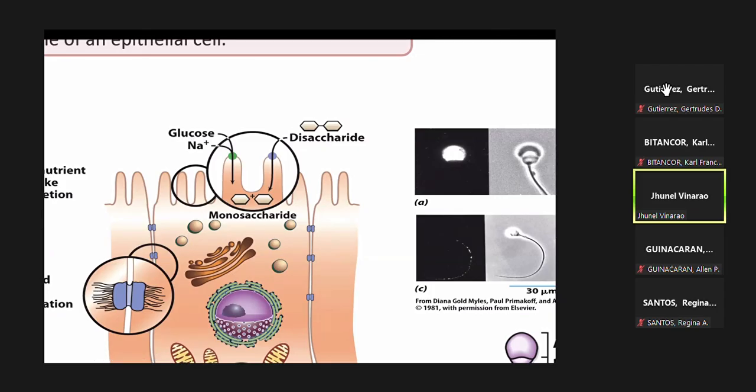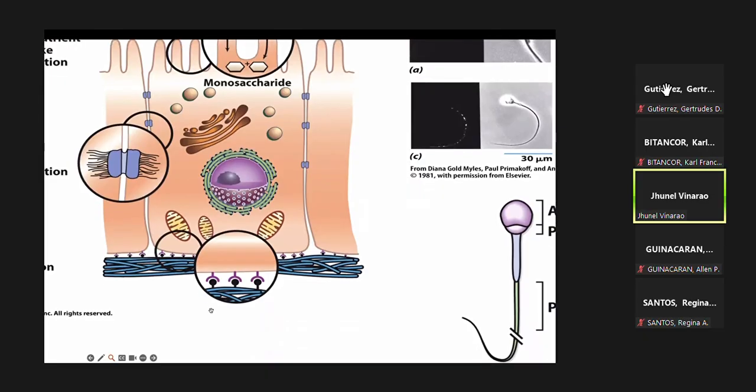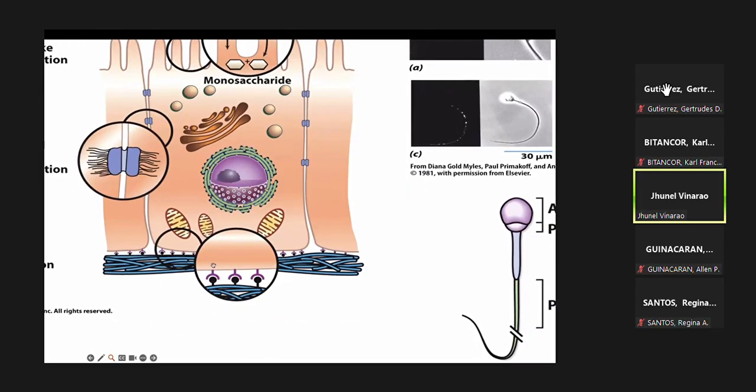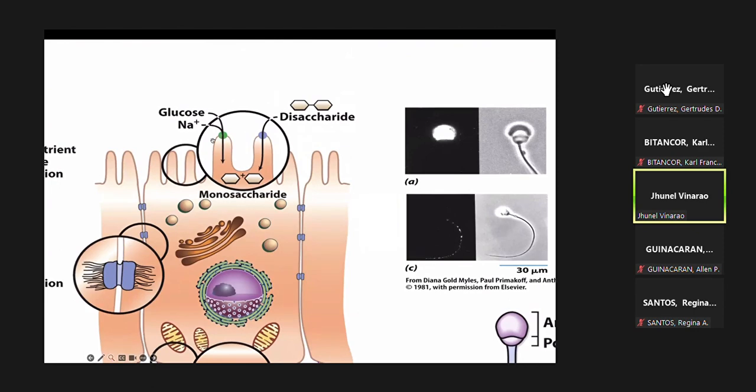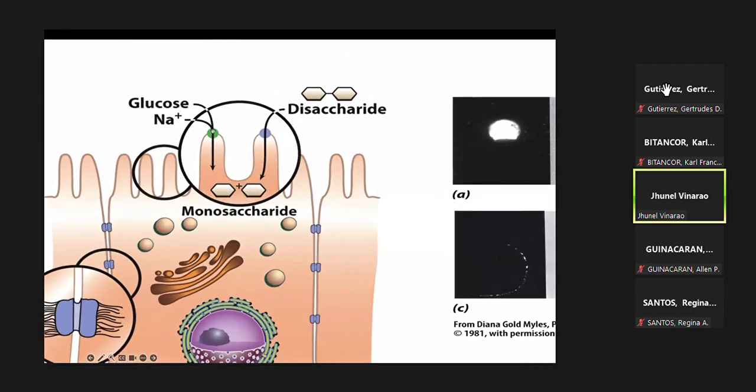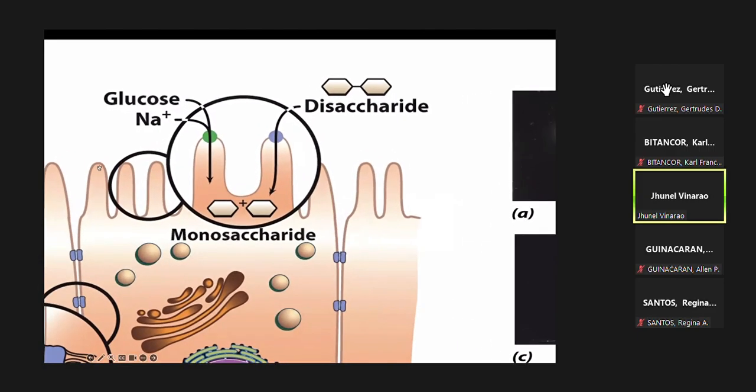The proteins found facing the lumen are different from the ones facing the blood vessel. So this is how the glucose molecule is being absorbed in the cell. And this is a co-transport.